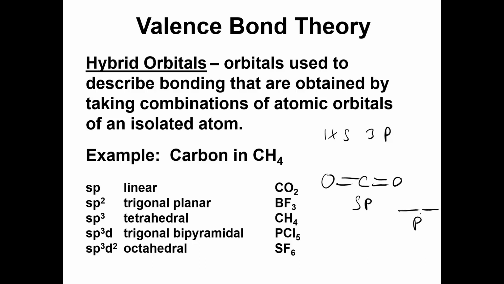And so we'll come back to that in a minute. For now, all you need to look at are regions, and it doesn't matter that you have double bonds or triple bonds or single bonds here, right? So there are 2 regions on the central atom, which is linear. So this is an AB2. If you remember that, AB2 systems are all sp hybridized.